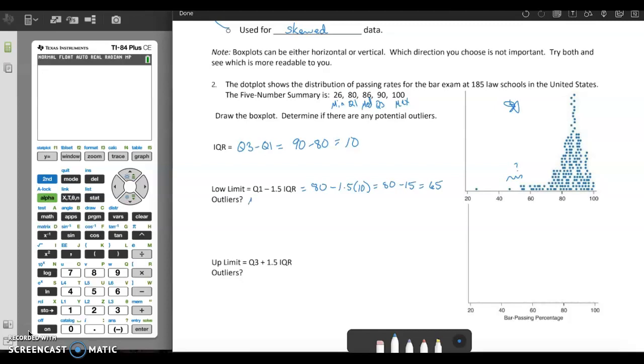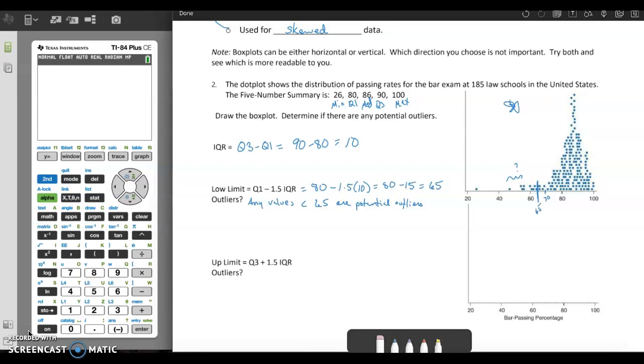So any values lower than 65 are potential outliers. So let's see, 65 would be about right. This would be about 70. So 65 is about right here.